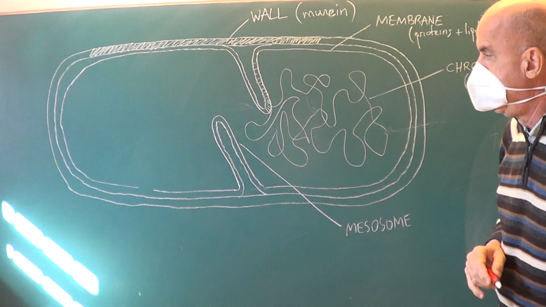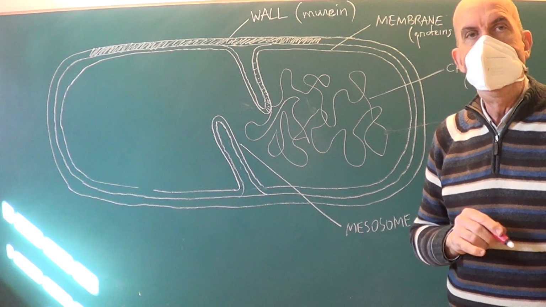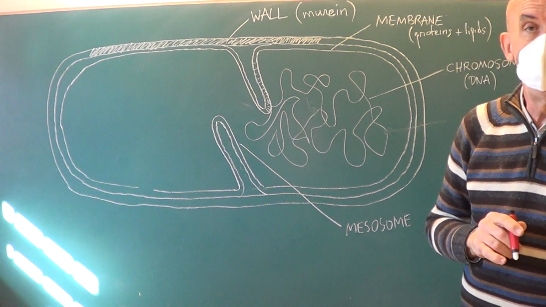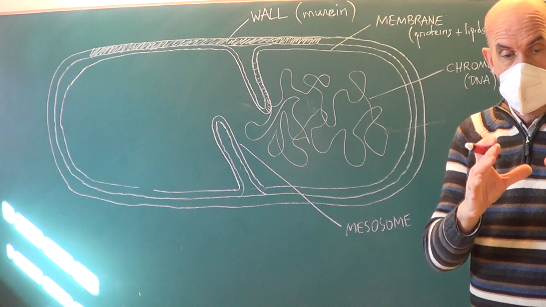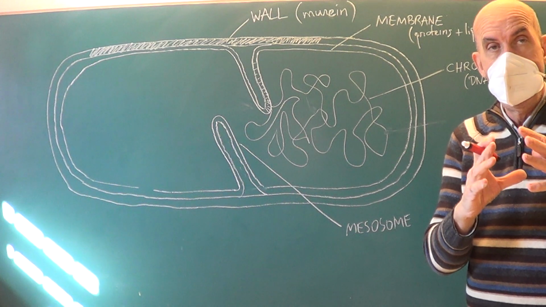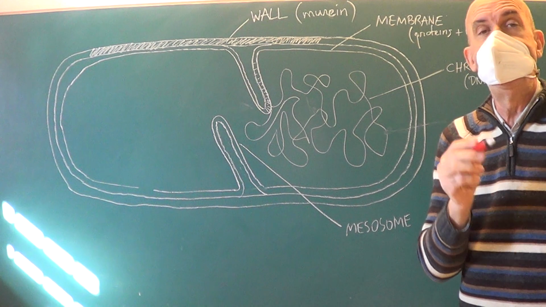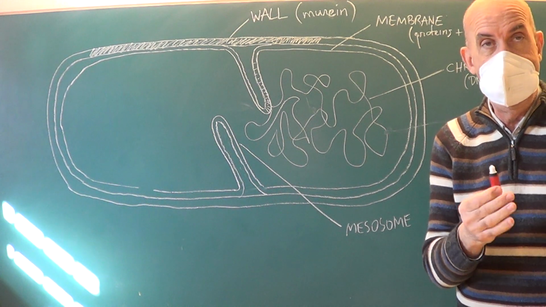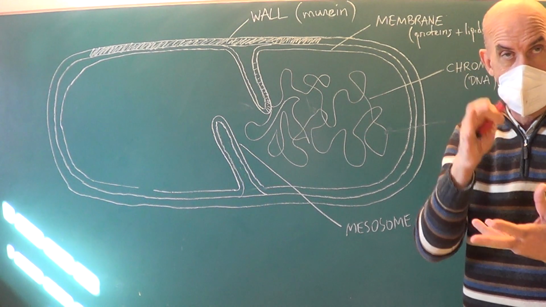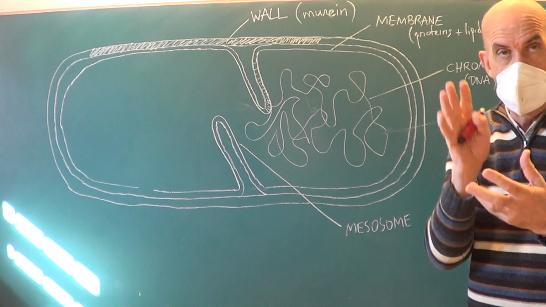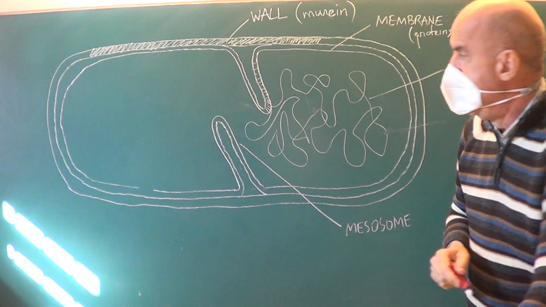What else? Now we have ribosomes. Ribosomes, do you remember? Yes. Those particles that play a vital role in the synthesis of proteins. Juguen un paper vital a la síntesi de proteïnes, no? With both subunits, major and minor subunits.